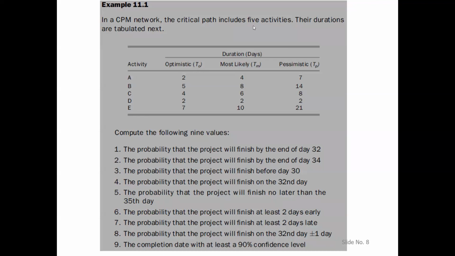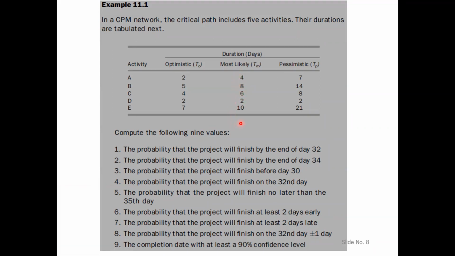Okay, so if we take this critical path A, B, C, D, E, and if we take the most likely duration, then what is the sum of the duration on the critical path for the most likely situation? So 12, 6, 12 plus 6, 18 plus 2 is 20, and 20 plus 10 is 30.